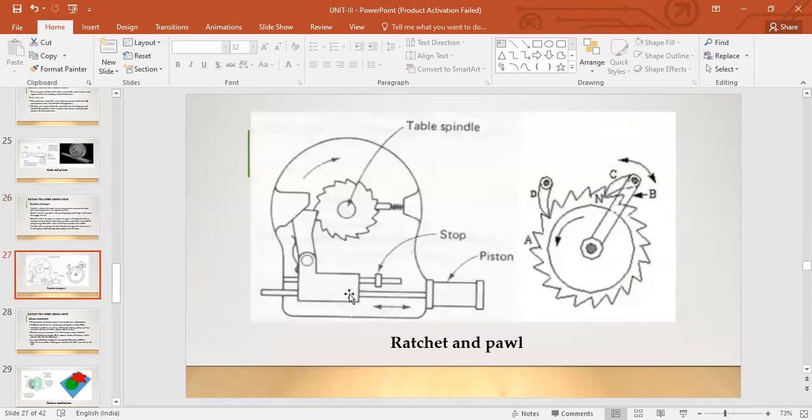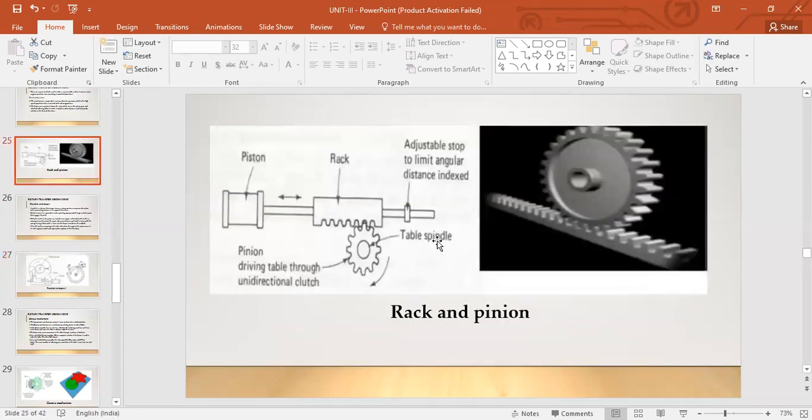When this piston is trying to move it, this table spindle will be integrated with this pawl. Just as we had in rack and pinion, the table spindle was here, attached to this pinion. As the pinion moves, the table spindle also moves.